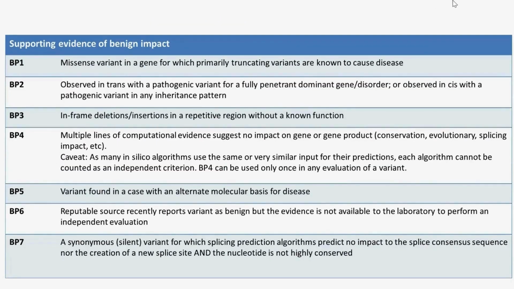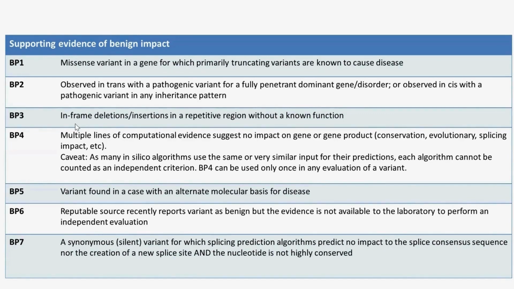On the basis of supporting evidence of benign impact, this category includes 7 classes. BP1 includes a missense variant in a gene in which mostly truncated variants are known to cause the disease. BP2 includes variants which are observed in trans with a pathogenic variant for a fully penetrant dominant disorder, or observed in cis with a pathogenic variant in any inheritance pattern.